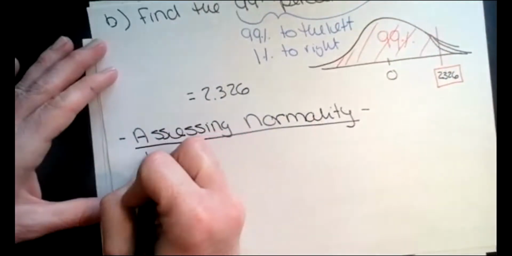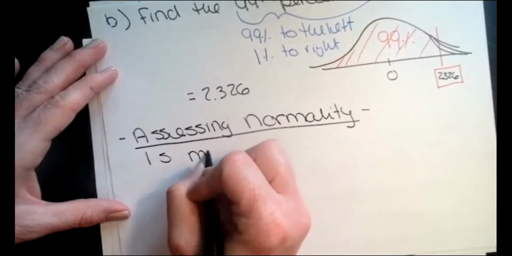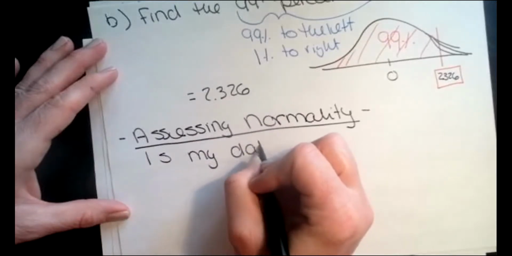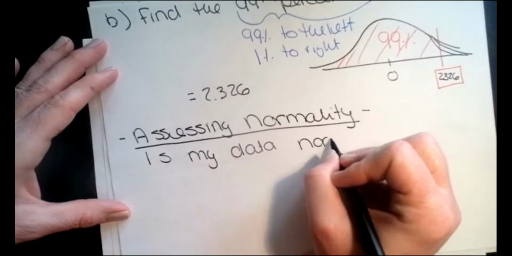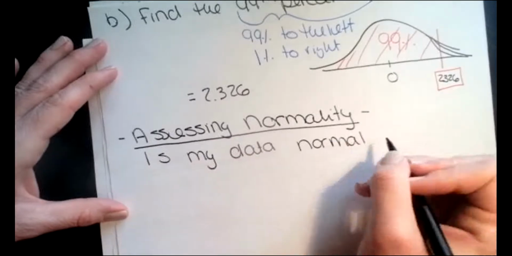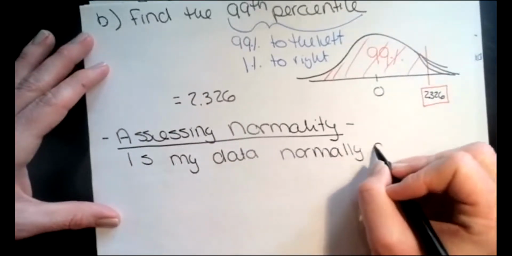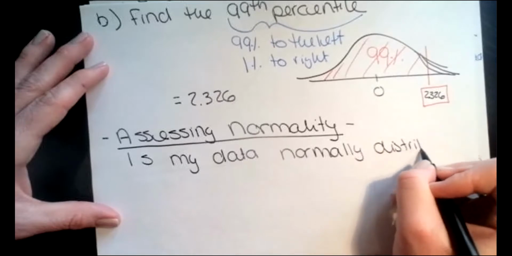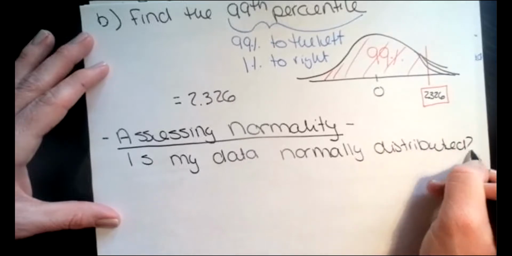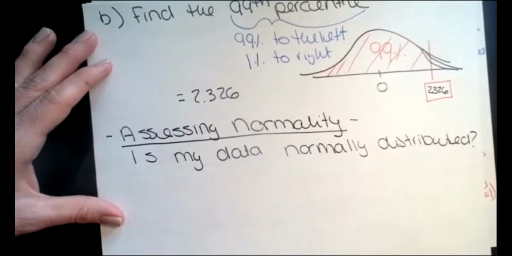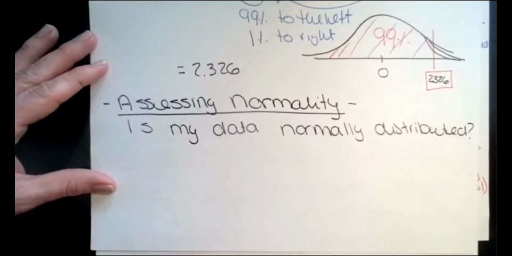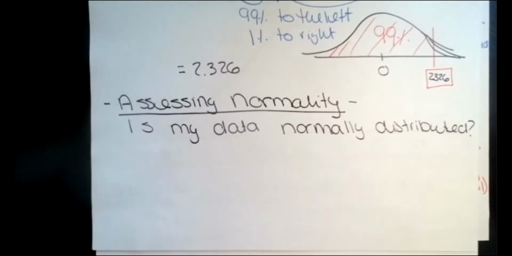So that's the first thing I need to make sure of: is my data normal, or normally distributed? All I mean by that is, is it bell-shaped, okay? So sometimes when we're looking at a sample, it's really hard to tell, we're not sure, okay? So we have a couple things we can do.